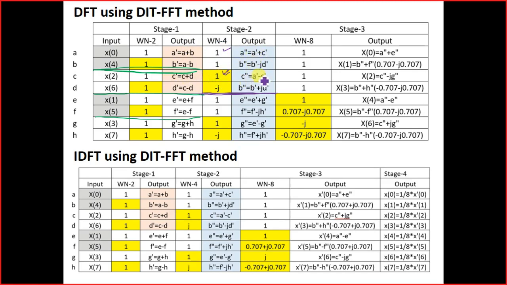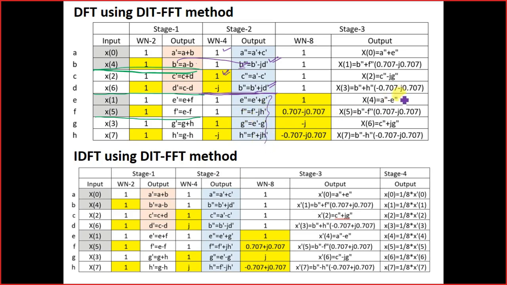Similarly over here you get c double dash, which is a dash minus c dash, because in the lower half we have a negative multiplier also, right? Similarly b double dash is b dash plus d dash, then d double dash is b dash minus j d dash. Here there is a multiplier of minus j, so it becomes plus, right? Similarly in the next half also you get this.